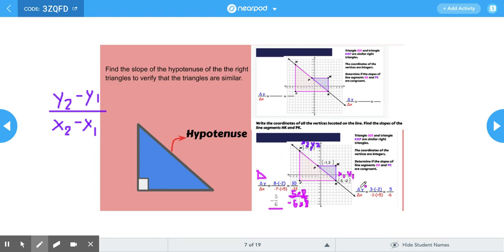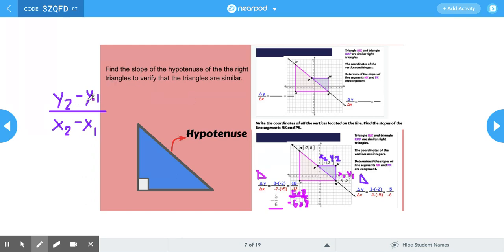And then for the purple triangle, we found our slope. So instead of using negative 7, 8 as x2, y2, we're going to use this negative 1, 3. So the negative 1 is going to be our x2, and the 3 is going to be our y2.